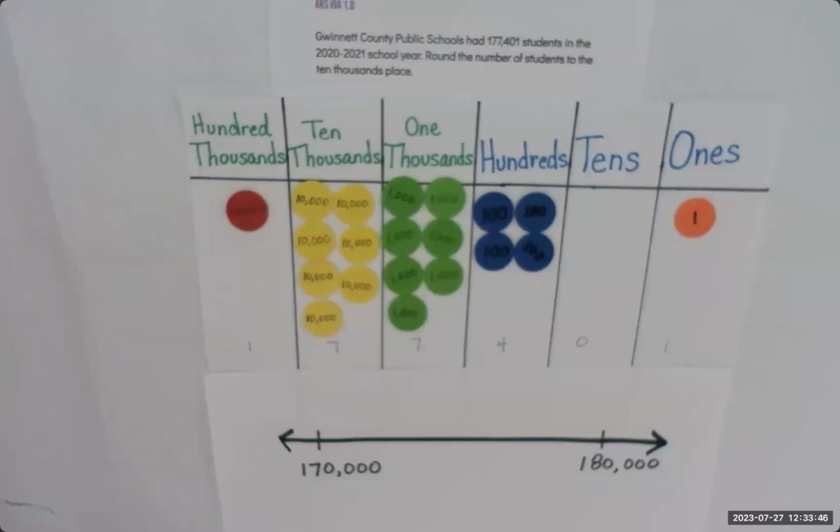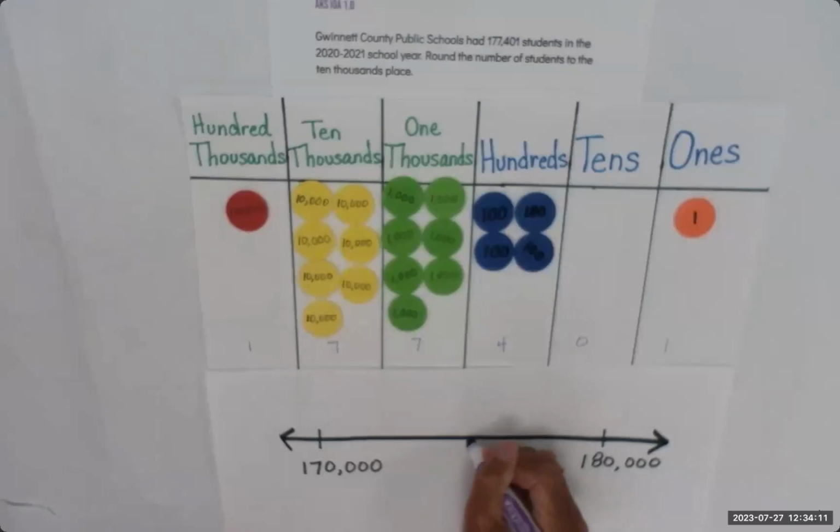I know that there are 10,000 in between 170,000 and 180,000. I'm going to think about what half of 10,000 is. I know half of 10,000 is 5,000. I'm going to mark that in the center here because 175,000 would be the midpoint between 170,000 and 180,000.